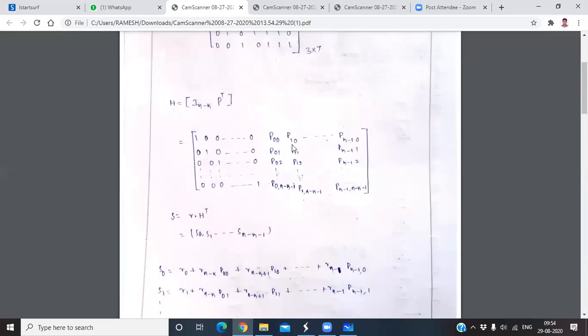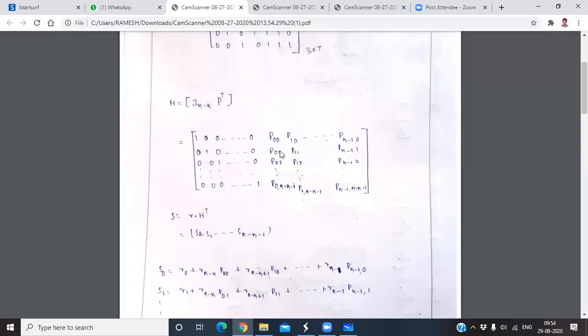Now see here, I want to start from 0: p00, p10 up to so on pk minus 1 0. Or you can write p11, p21, p31, p41 up to so on pk1. Once again, I am repeating: you can also write p11, p21 up to so on pk1.